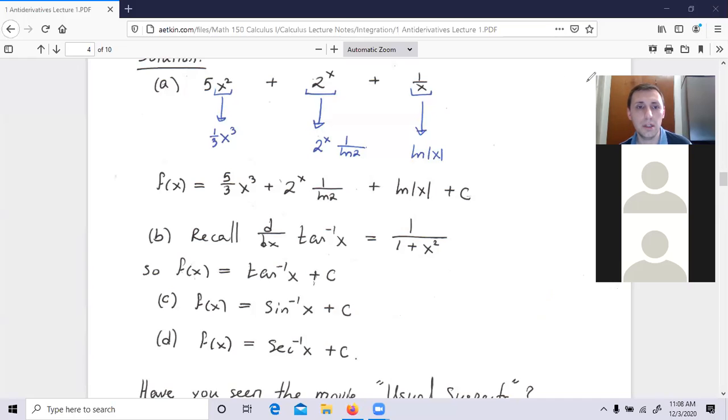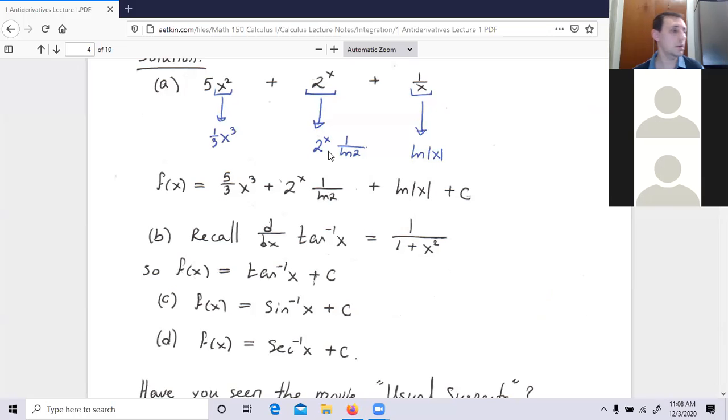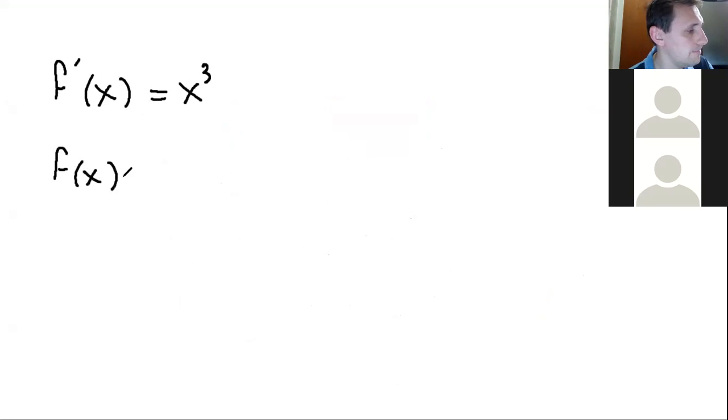Here again, on the whiteboard, if the derivative of my function equals x cubed, then I might guess that my function is equal to x to the power of 4 times 1/4 plus c. Would you make the same guess?